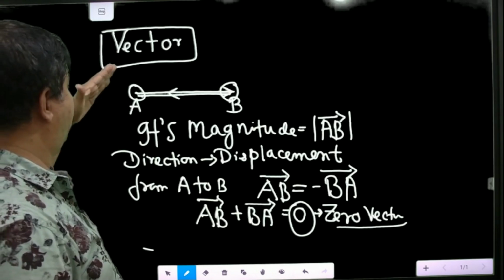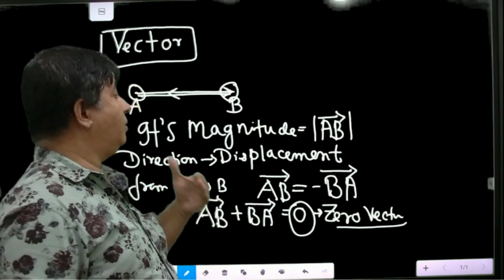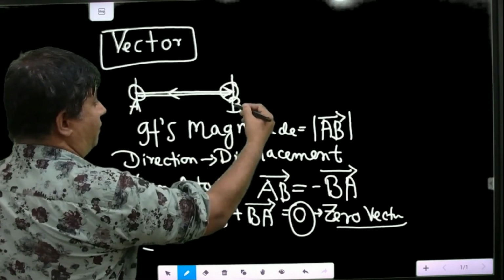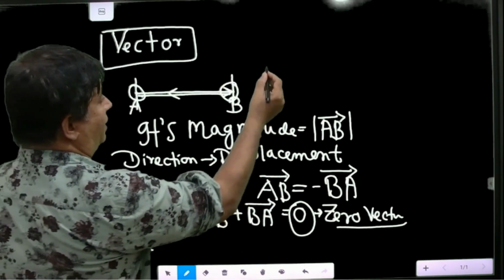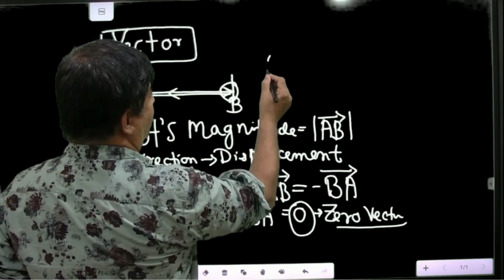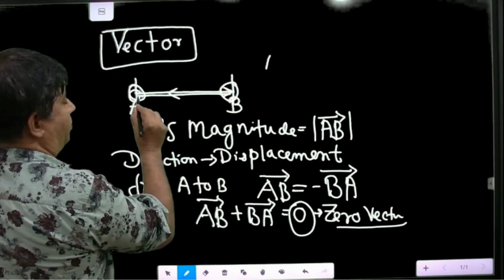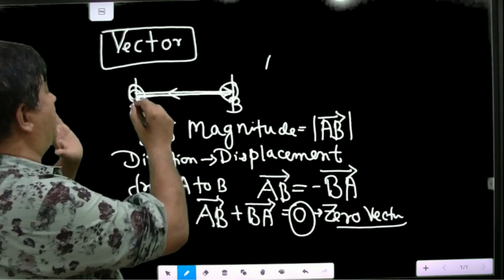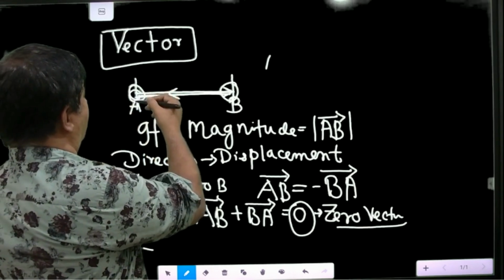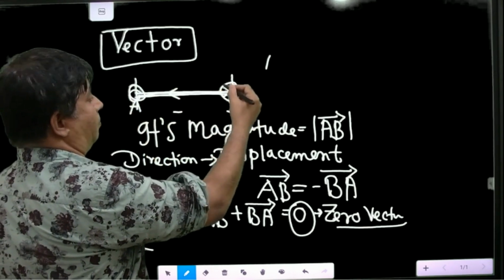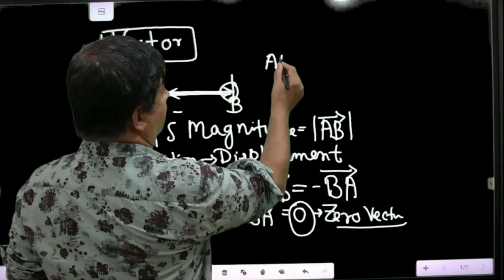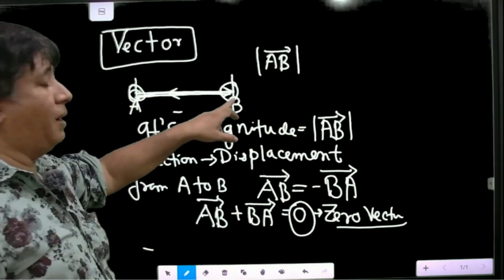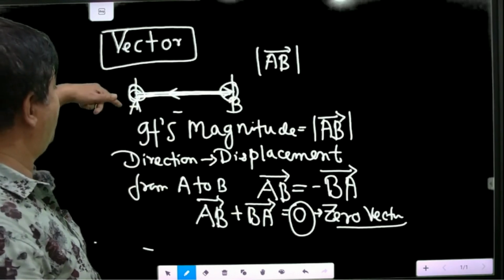Now, along this vector, there will be a scalar value also. That means from A to B, once you are moving, how much displacement takes place? Magnitude AB. Once you get magnitude AB, what will be the direction?